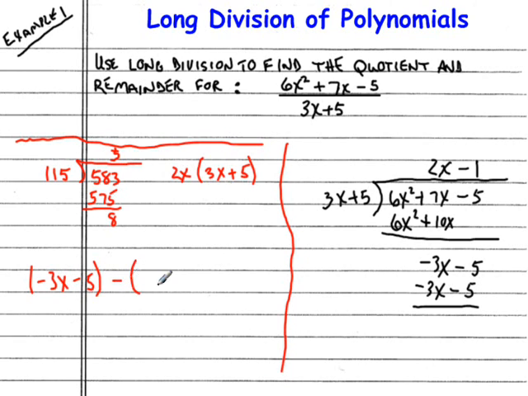subtract the bottom polynomial, negative 3x minus 5. Okay, well, of course, negative 3x minus negative 3x is negative 3x plus 3x. And of course that's 0. That's negative 3x subtract negative 3x gives us 0.